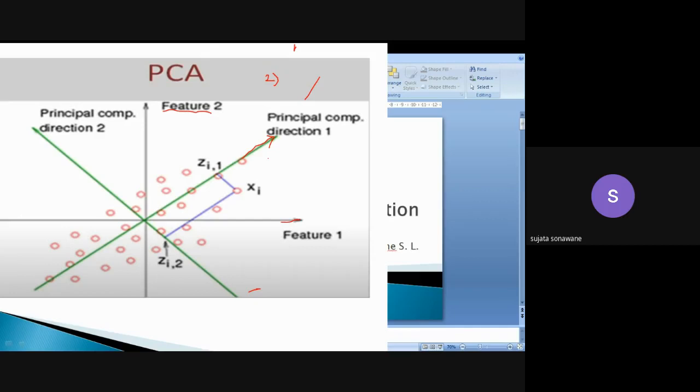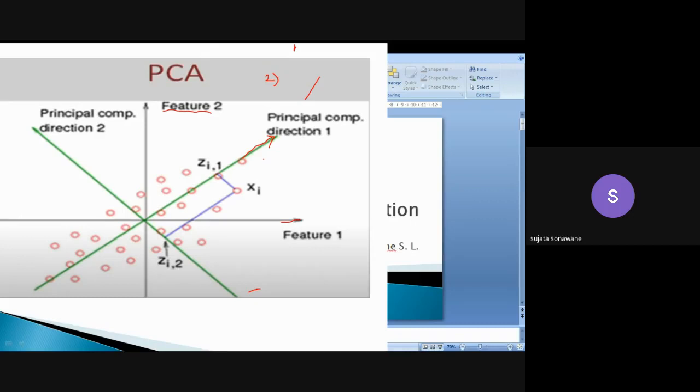For that purpose, we make sure that our second principal component is not related to our first feature. It means the second principal component is independent of the first principal component, and at the same time it should be orthogonal to the first.